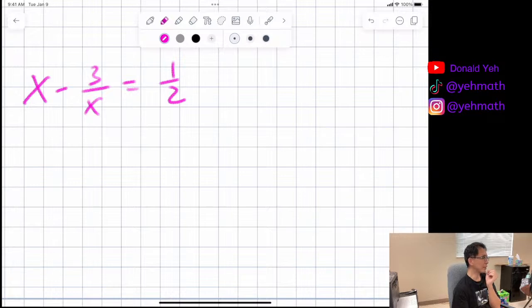In algebra 1, you never see x on the bottom. It's more like algebra 2. But this is not something you don't know how to do. Right now, how many people know how to do it? Only one?